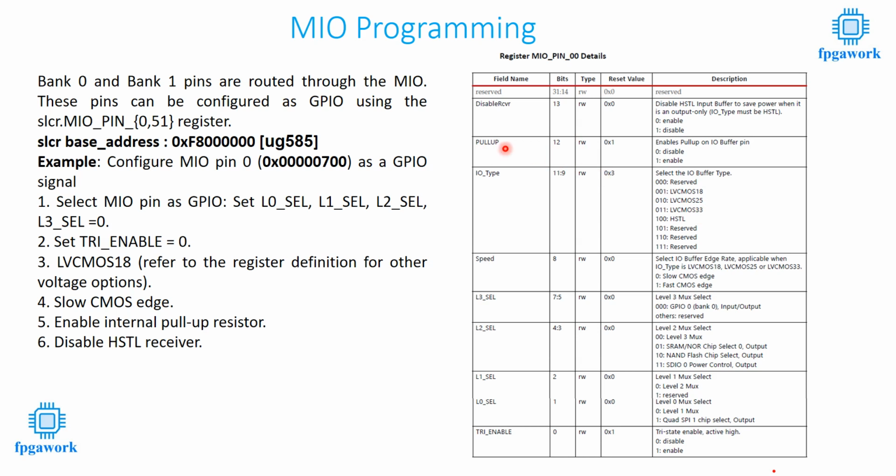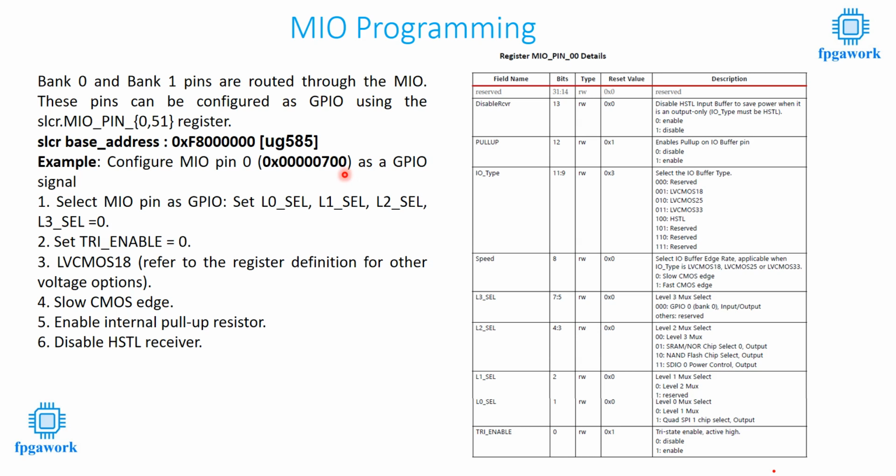Pull up, I always recommend you always enable this pin, because if you do not enable it, you wouldn't be able to say anything about the outputs. If you enable pull up, the output will remain in high state. In the other case, the output will be floating, so you cannot predict anything.